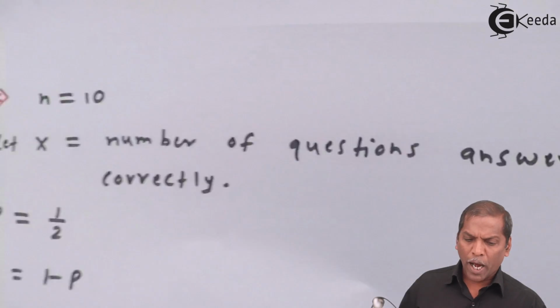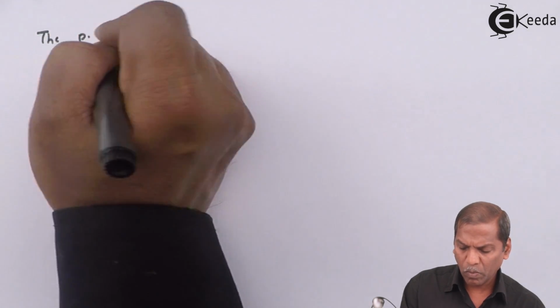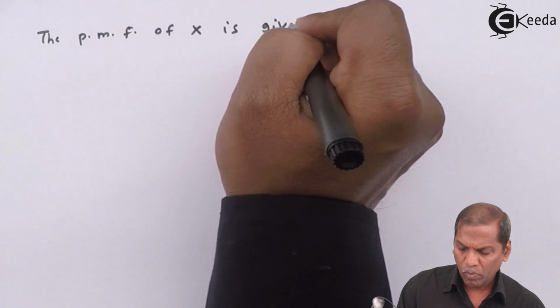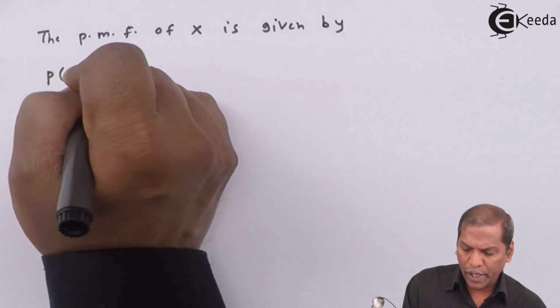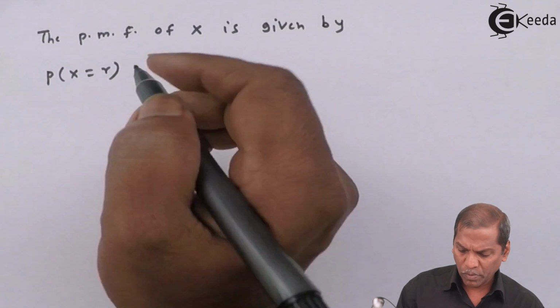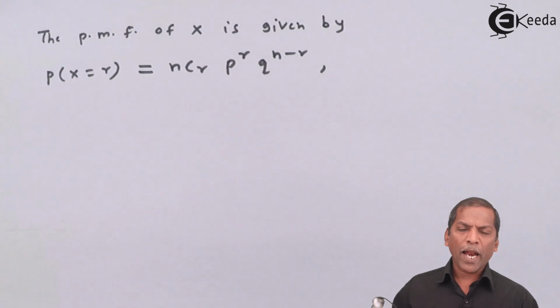Then the probability mass function of X is given by probability X is equal to r is equal to nCr into p raise r into q raise n minus r, comma, r takes value from 0, 1, 2, 3 up to 10 since there are only 10 questions.